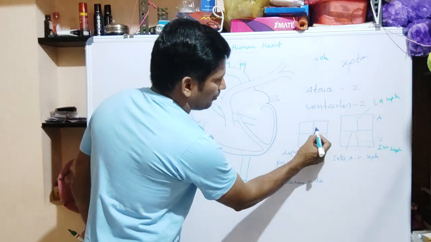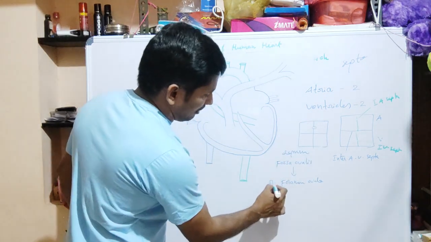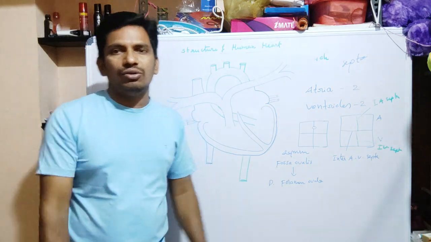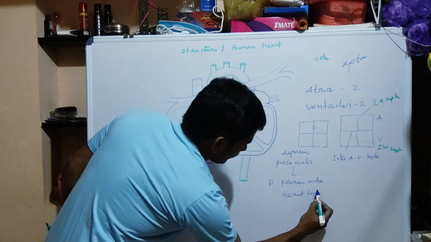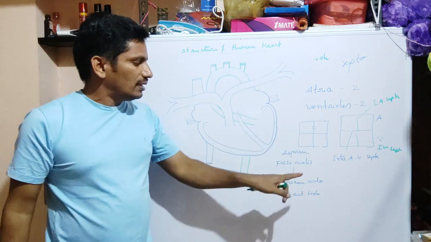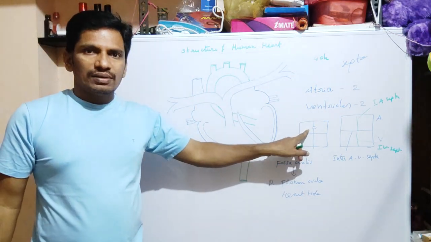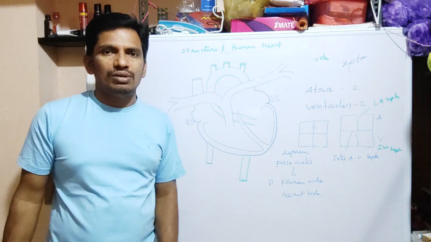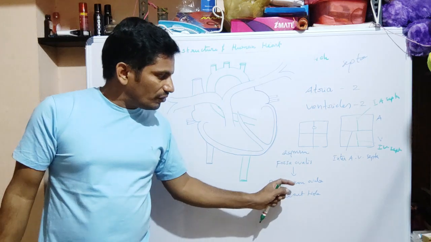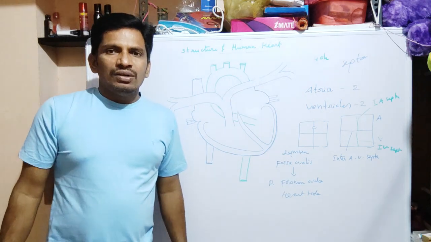That is the patent foramen ovale, which is nothing but a heart hole. Right? Actually, it should be closed, but sometimes it is not closed. That is called a heart hole, patent foramen ovale. Right?